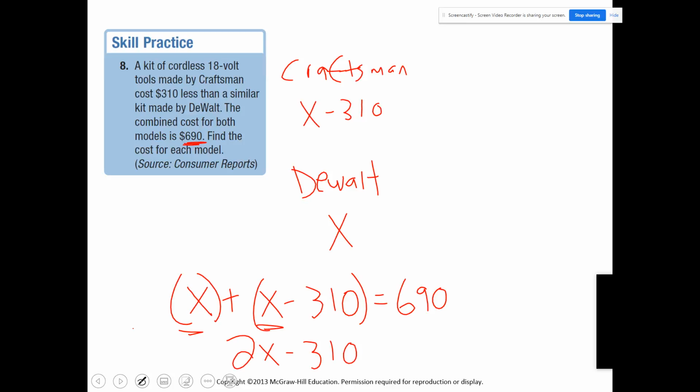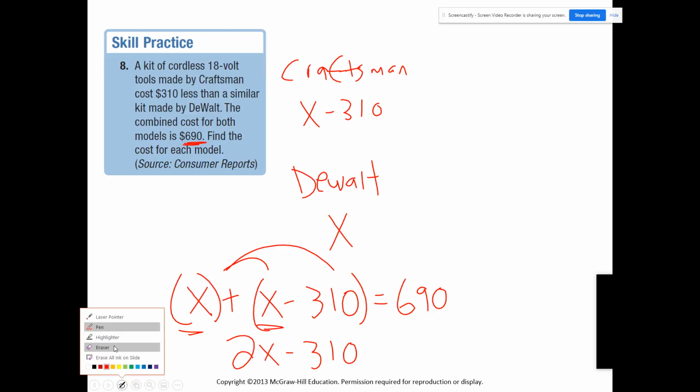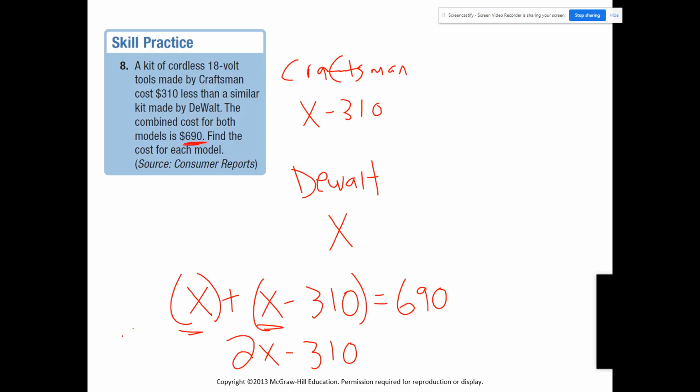All right, there's nothing to distribute here. So you don't need to do this. The only thing that you need to distribute, if you were going to distribute, is to pretend there's a 1 here. So if you were going to distribute, it would be 1x minus 310, which is really what we have. 1x plus 1x is 2x equals 690. We're going to add 310 to both sides.